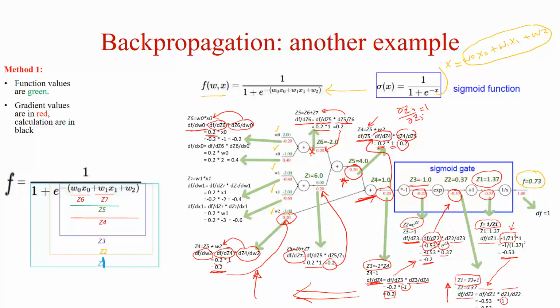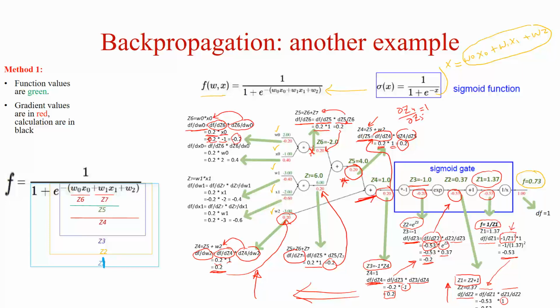I can derive delta z6 with respect to delta w0, and this comes to be x0. Now I multiply 0.2 times the value of x0, which is minus 1, and that comes to a minus 0.2. I'm sorry, it's 0.2 times 0.2, not minus, multiplied by minus 1.